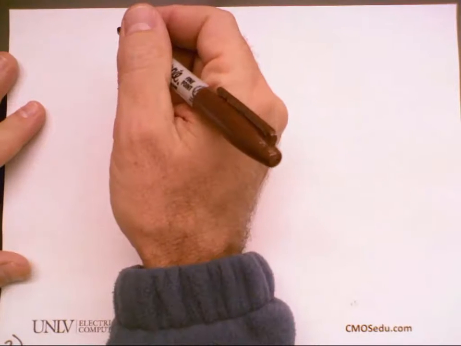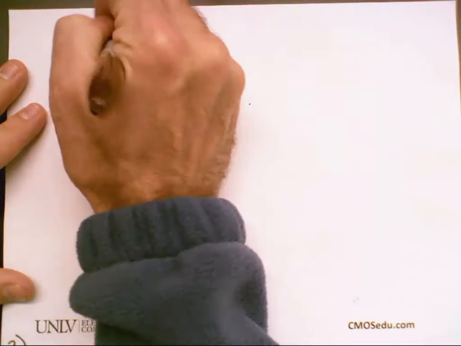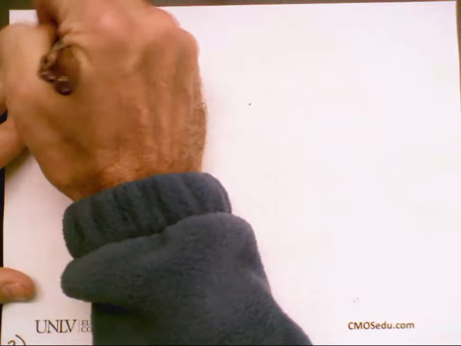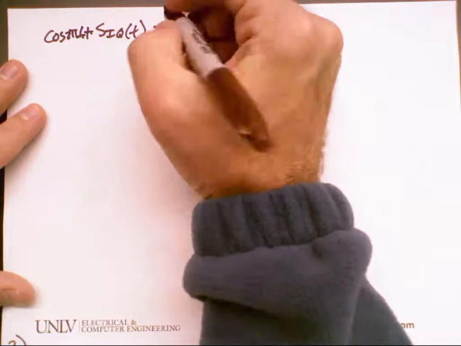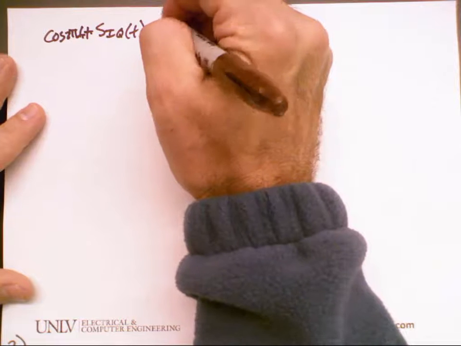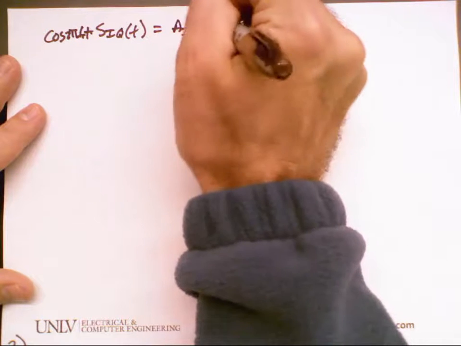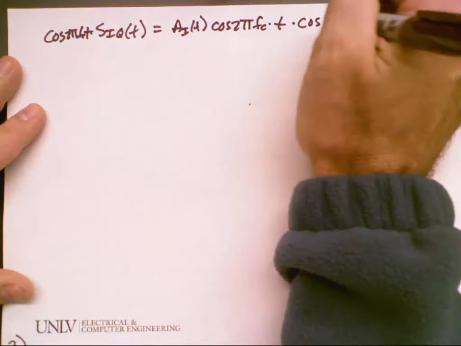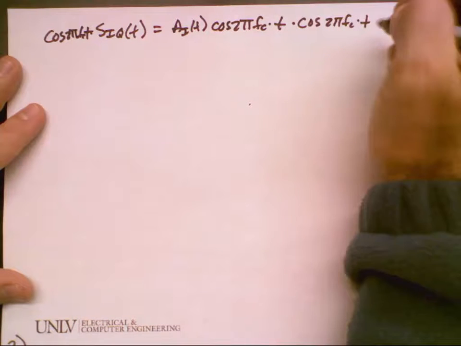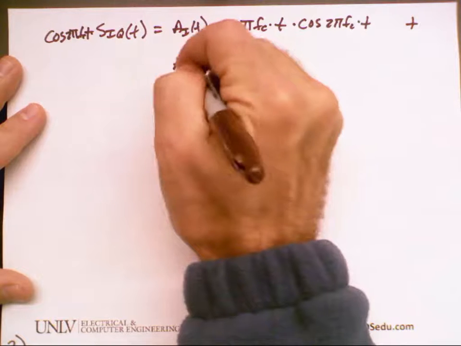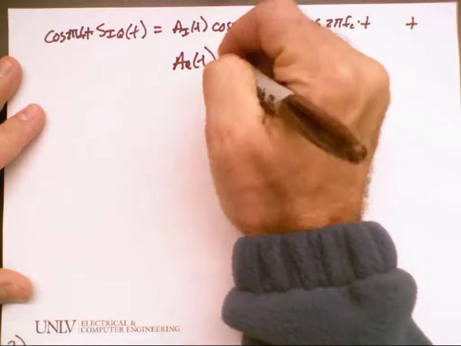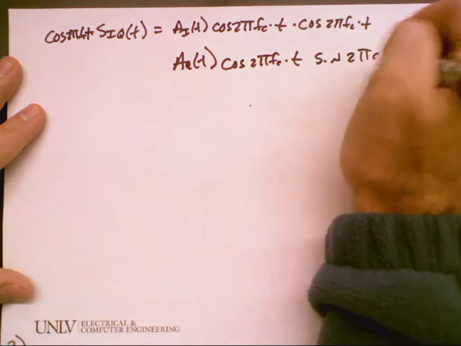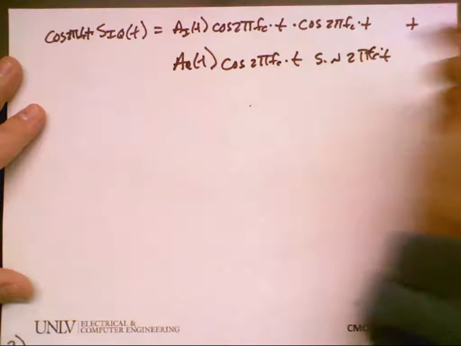I'm going to use a couple trigonometric identities there. Let me go ahead and rewrite this real quick, times cosine because we're demodulating: AI of t times cosine of 2 pi fc times t, times cosine 2 pi fc times t, plus AQ of t, cosine of 2 pi fc times t, sine of 2 pi fc times t.